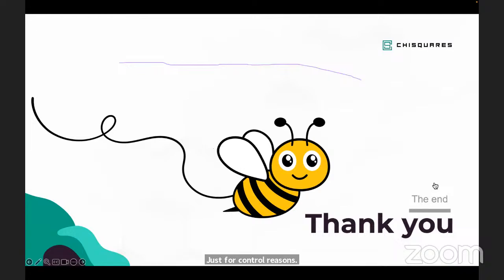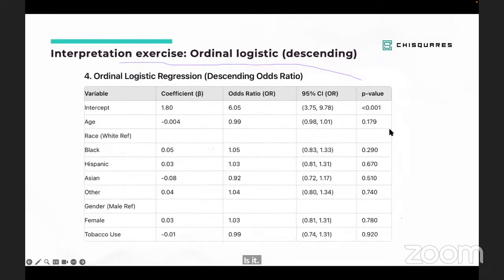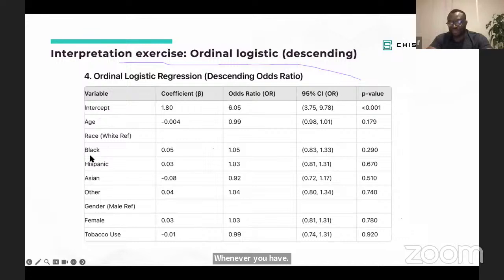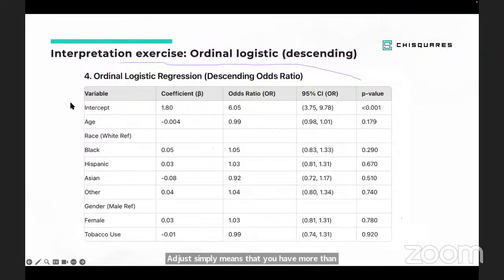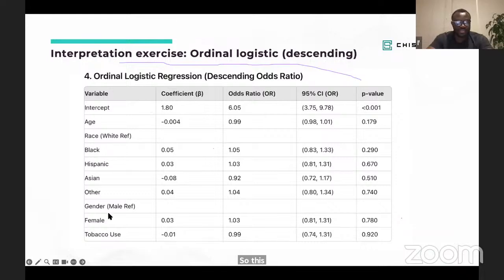Yeah, Prof, thank you very much for today's lesson. When you are running the ordinal regression, does it make room for adjusted and unadjusted ratios? Yes. Whenever you have adjusted, it simply means that you have more than one variable in the model. This is adjusted because you have age, race, gender, and tobacco use.